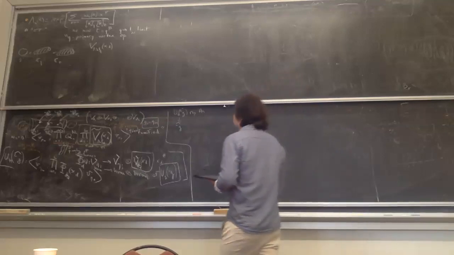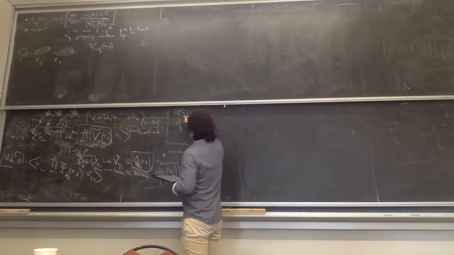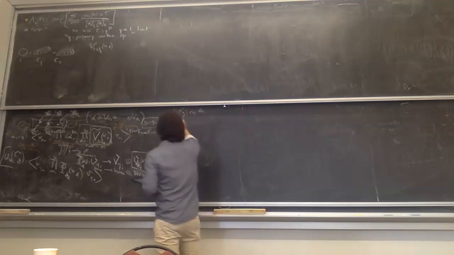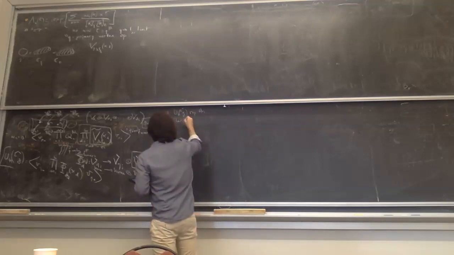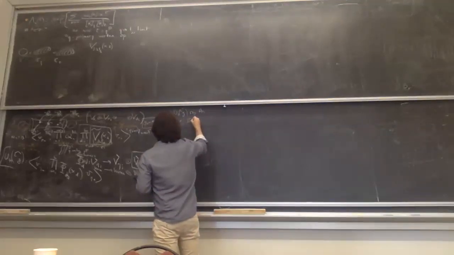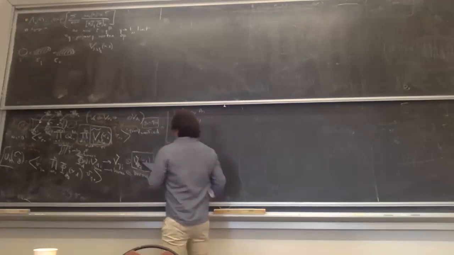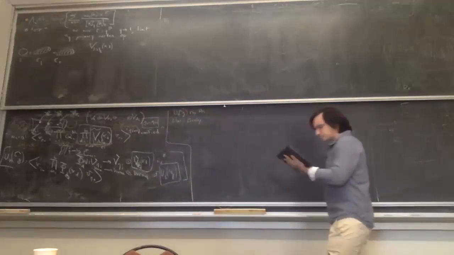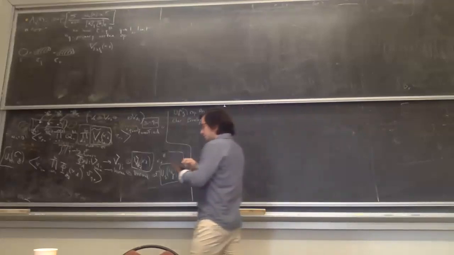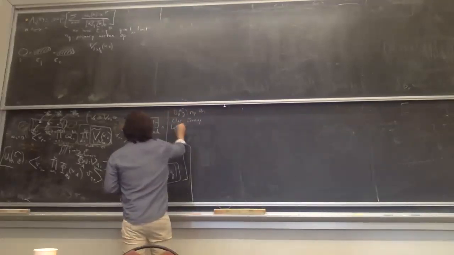The quantization here is very complicated and was developed in a series of papers by Chari and Pressley in the 90s, based on the work of Drinfeld. We'll need a few of their results.